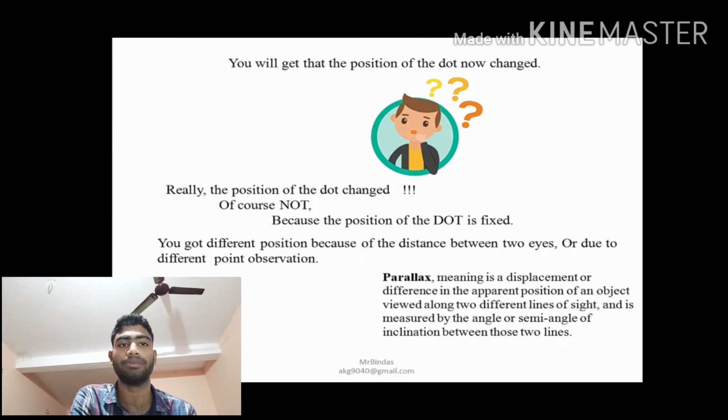So by using this method, we can calculate large distances. It means the distance between two planets, and the distance between the sun and earth. Before calculating the distance of a planet from earth, just look at the figure to see how the position of a near object changes with respect to a far object.